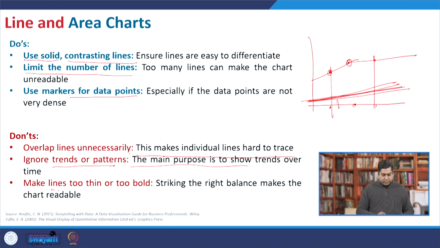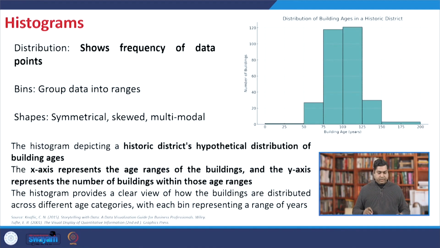Do not make lines too thin or too bold. If it is too thin, maybe in a printable format it is not very legible. If it is too thick and the lines are too close to each other, it can go for some sort of overlapping, and then that will not be good for a reader to read.